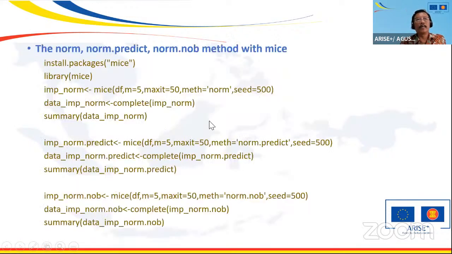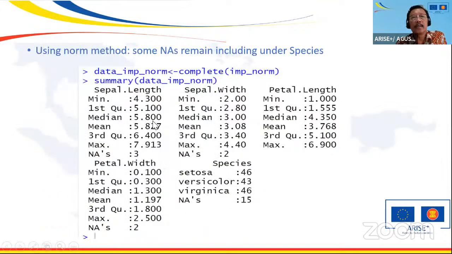PMM is predictive mean matching. This is norm predict, and this is the non-Bayesian method. Okay, we try all of them. Then I have the chart.